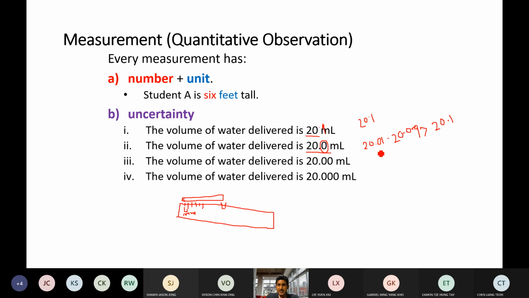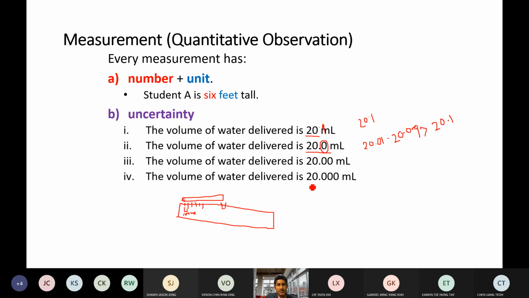So our uncertainty is only plus minus 0.1.